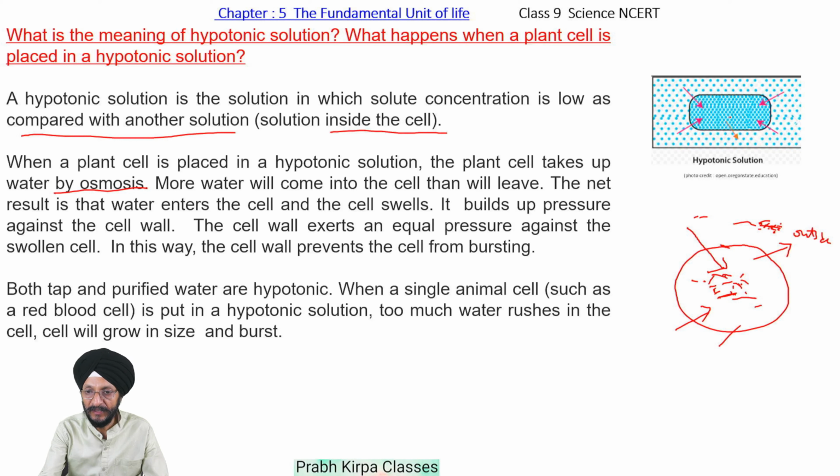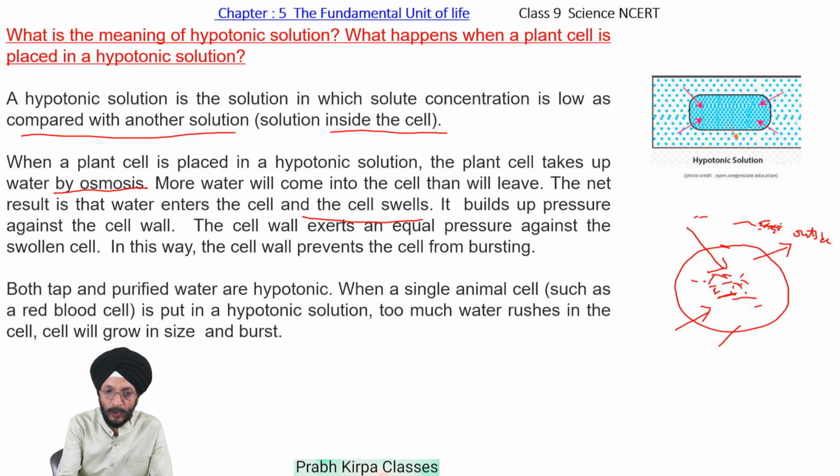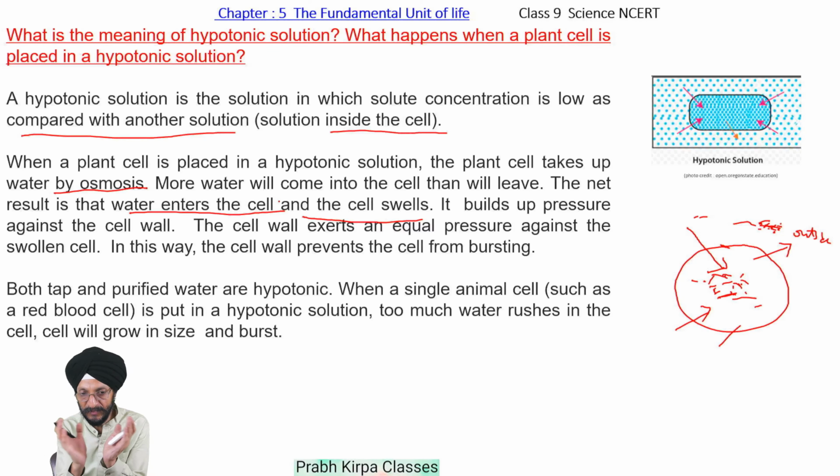You can see here, only a small amount of water will come outside the cell. Ultimately, the net result is more water enters the cell, the cell swells, the cell becomes swollen. It builds a pressure against the cell wall. There is pressure on the cell wall.